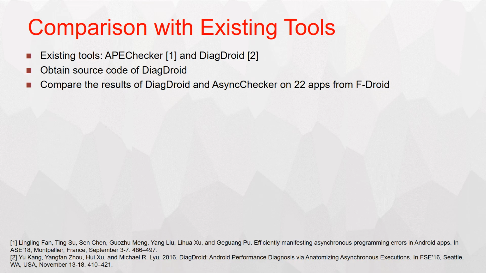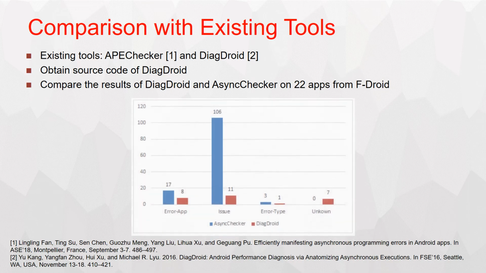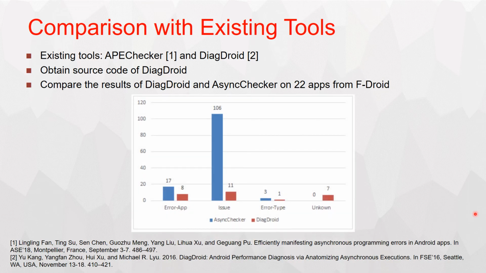We contacted the authors of these tools and obtained the source code of DiagDroid. In this part, we compared DiagDroid and Async Checker on 22 apps from F-Droid. As we can see, Async Checker can find more async issues than DiagDroid. There are 7 issues of DiagDroid that we can't assure its error types. So the bug report of Async Checker is friendlier than DiagDroid.